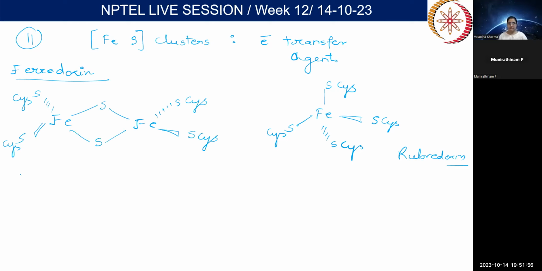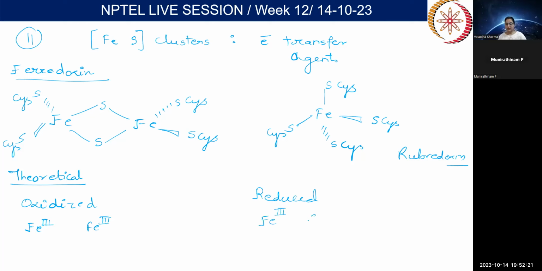So it is theoretically expected, whenever we talk about the electron transfer agents, we talk about their oxidized and reduced state. In oxidized, we are expecting both of them to be in Fe3+. And when I'm talking about reduced, one electron is transferred at one time. So one would go from Fe3+ to Fe2+. Clear up to this point?